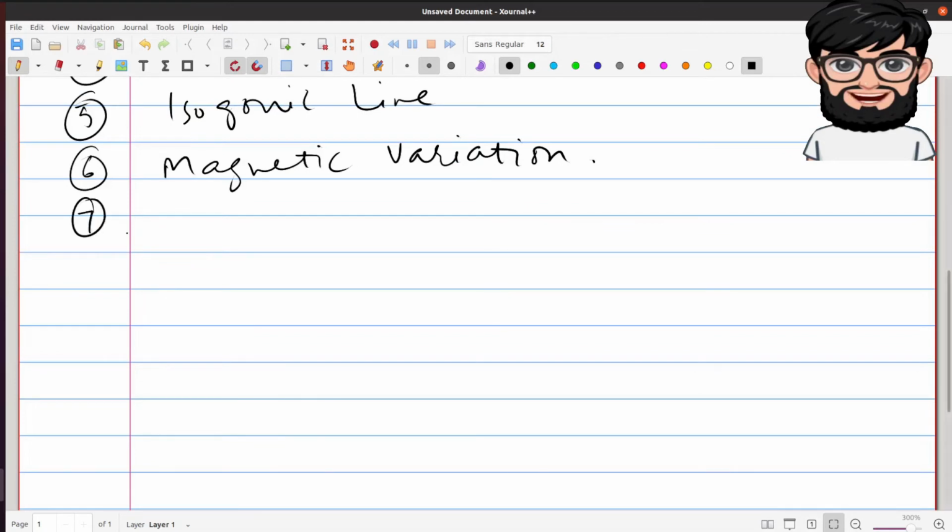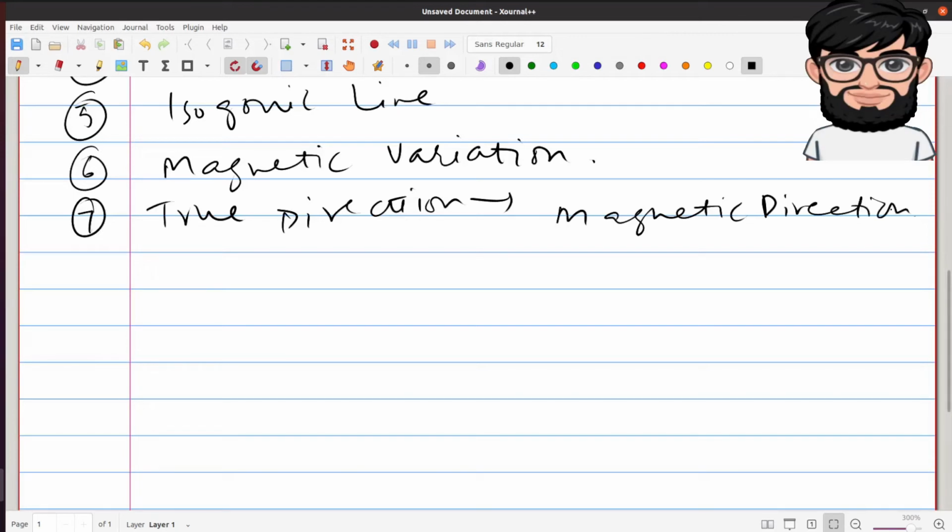Then we have this: if you have the true direction, how would you be able to figure out the magnetic direction? To convert true course or heading to magnetic course or heading, note the variation shown by the nearest isogonic line.